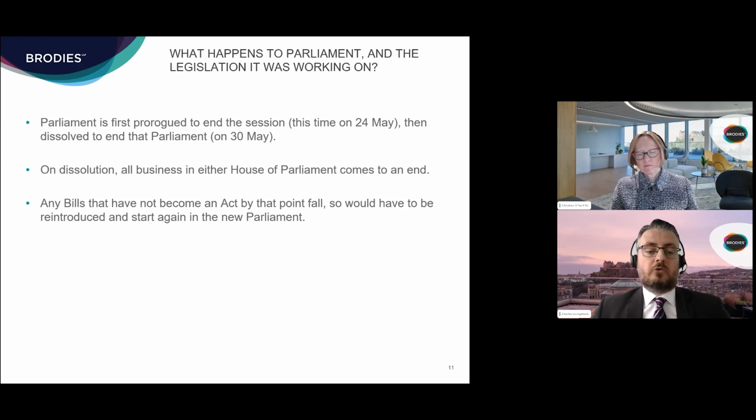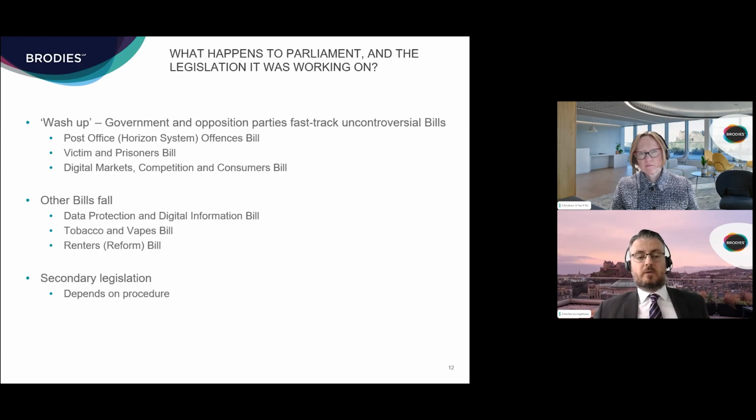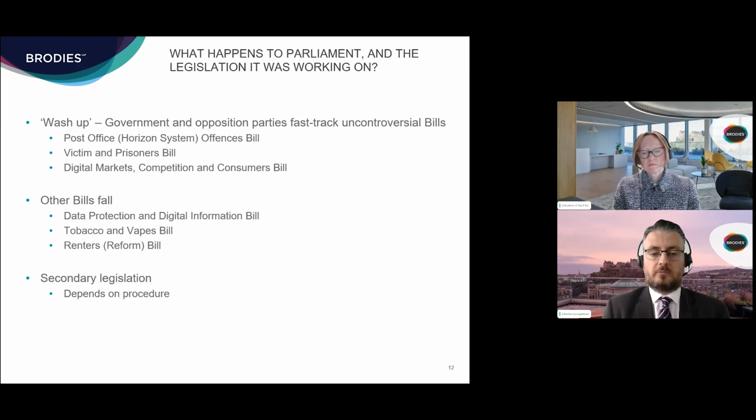So in order to deal with bills that would otherwise fall, see on the next slide, there's a period called the wash-up. And you'll get a wash-up period generally prior to any prorogation. Legislation can, in some circumstances, survive a prorogation. But generally, you'll have a wash-up period at prorogation, and you certainly need one at dissolution.